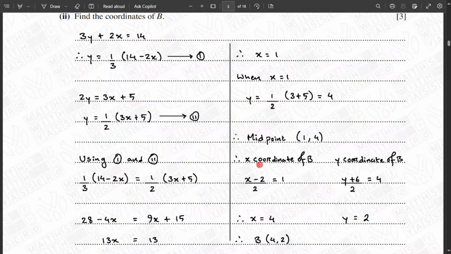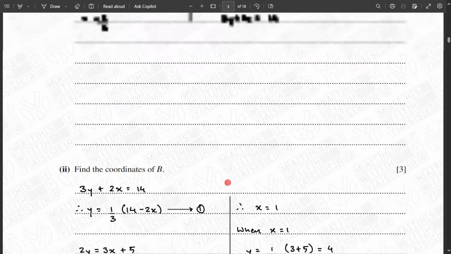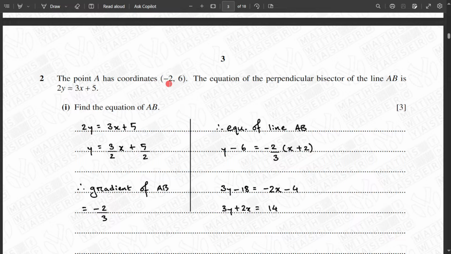So we are required to find the coordinates of B. So the x coordinate of the midpoint should be x1 plus x2 divided by 2, where x2 is -2. If we look at the coordinate of A, that is -2.